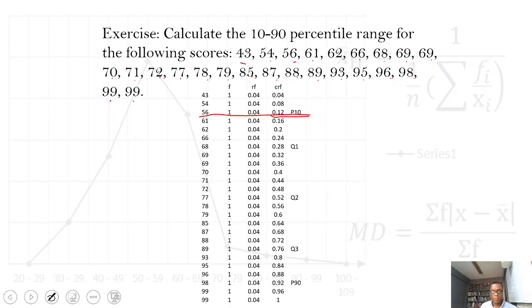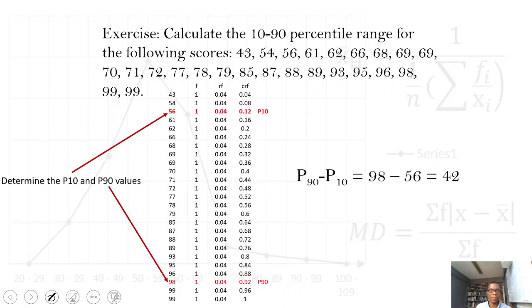Okay, then our 90th percentile will be 98 because 96 accounts for up to 88 percent. Okay, so this way we have determined P10 and P90.